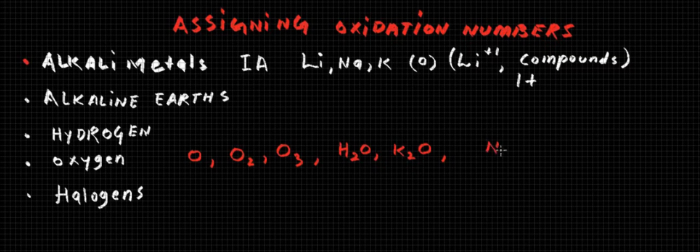For example, we have sodium peroxide and potassium superoxide, and oxygen may also be present along with fluorine. And these are the certain forms of oxygen which need to be considered when assigning oxidation number.